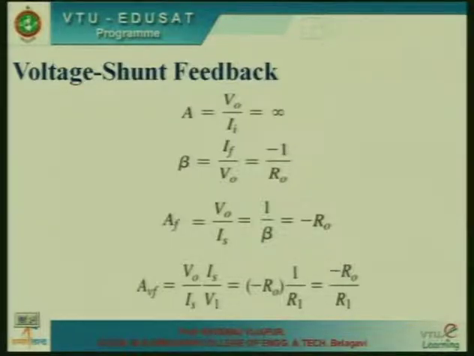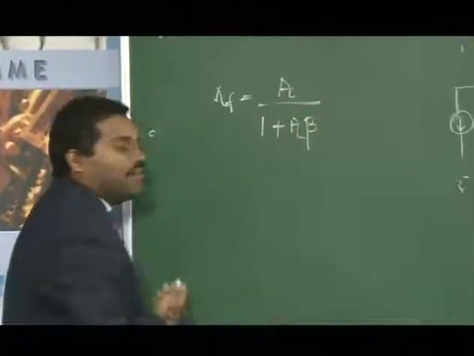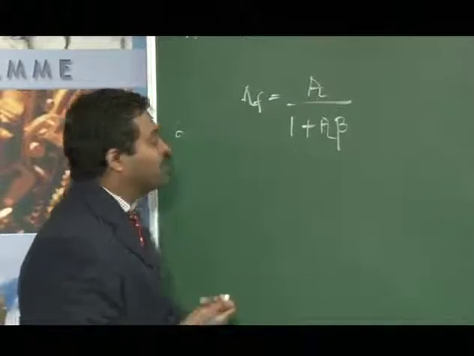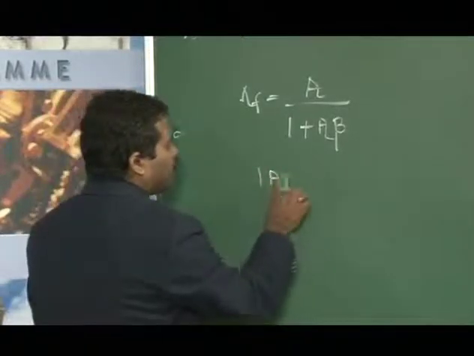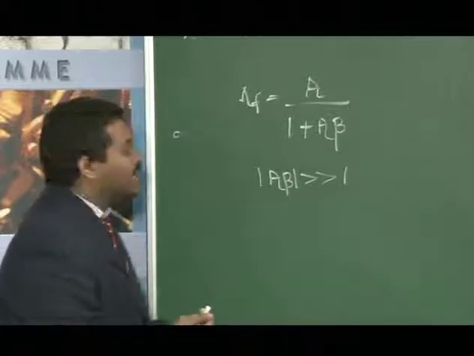In the case of the op amp, we know that AF is equal to A divided by 1 plus A into beta. The product A into beta is much greater than 1.